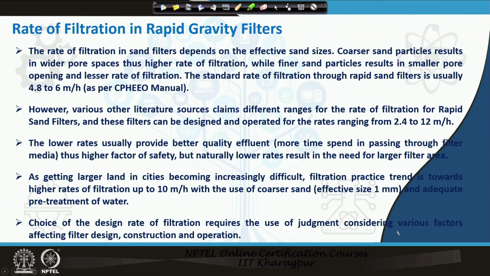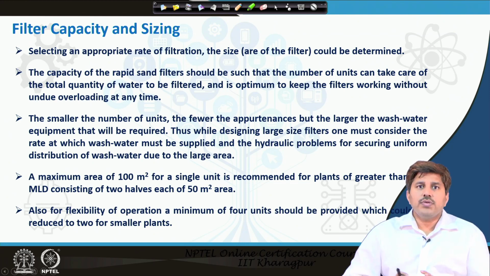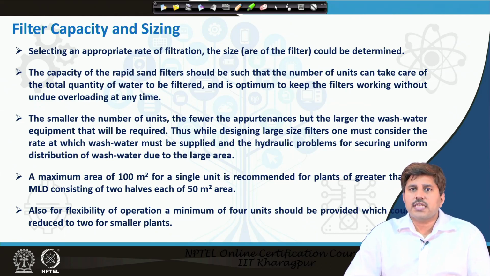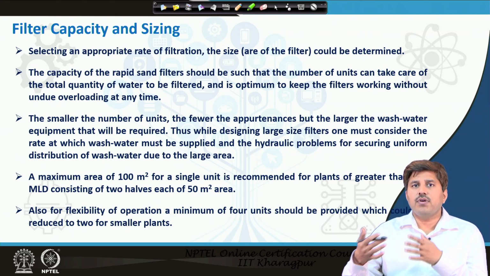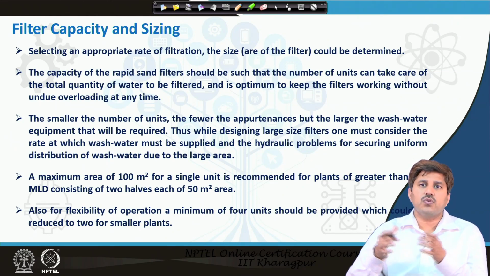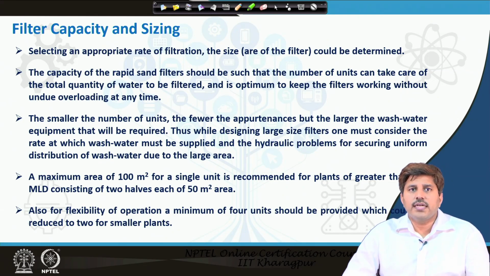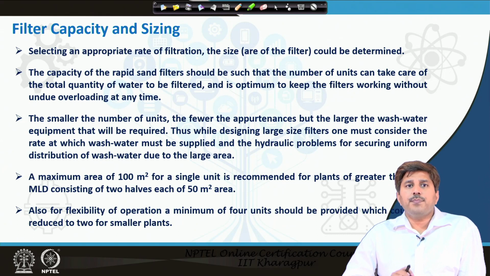Now, how do we size the filter? Again, a similar approach is followed as we looked at in the previous class for the slow sand filter. We need to identify the rate of filtration we want to work with, and then we have a discharge coming in, so we can determine the area of the filter required.